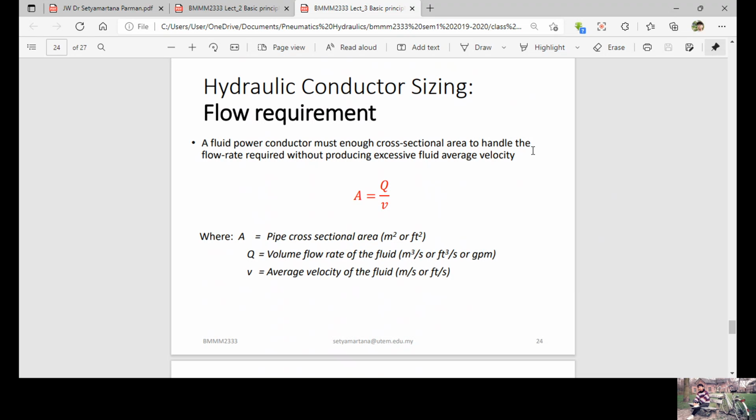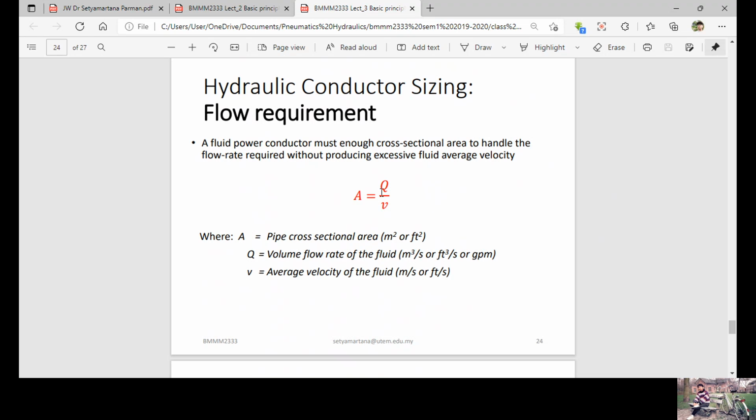Okay, in flow requirement, a fluid power conductor must have enough cross-sectional area to handle the flow rate required without producing excessive fluid average velocity. So we use this equation.